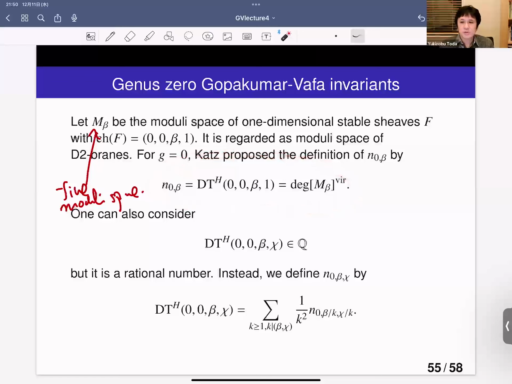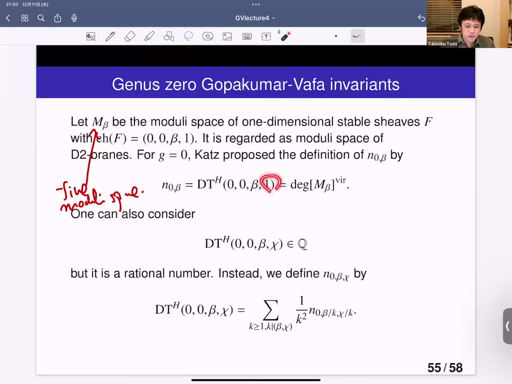But this was before the genus zero DT invariant was constructed, following the original construction of Richard Thomas. If this is not one, there was no way to define the DT invariant. But after that, there was a work by Joyce and Song defining the generalized DT invariant.